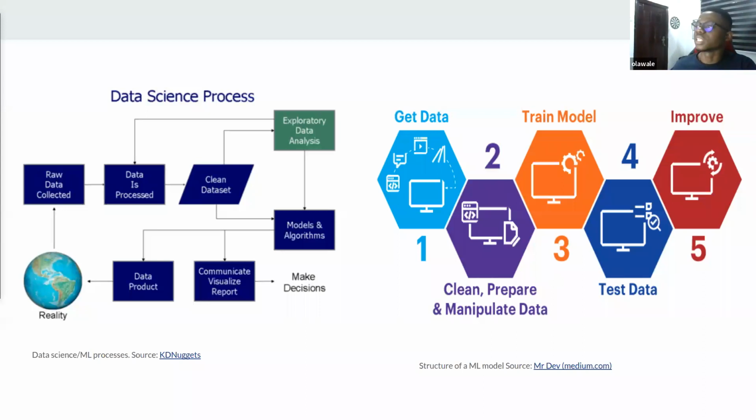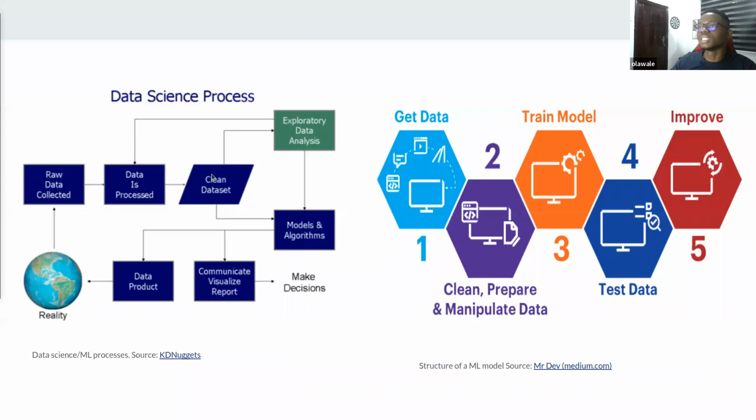In the geoscience world, we use data science and machine learning to aid interpretation workflows as geoscientists, to help us get more accurate results and make our work more efficient and more effective. So basically, that's what data science is all about.